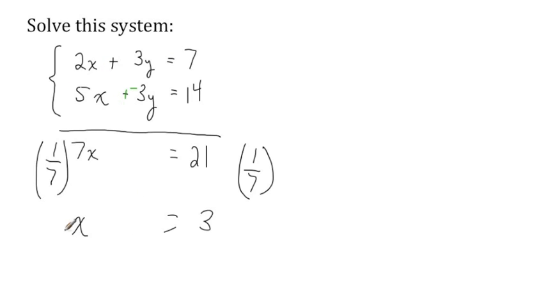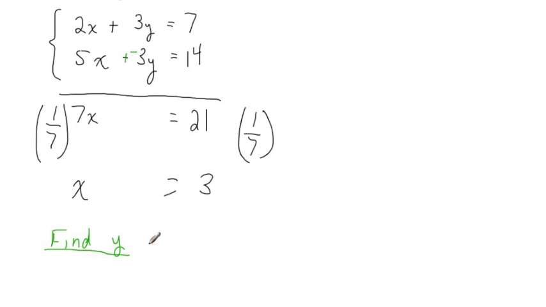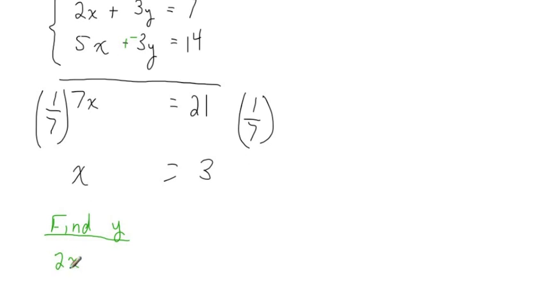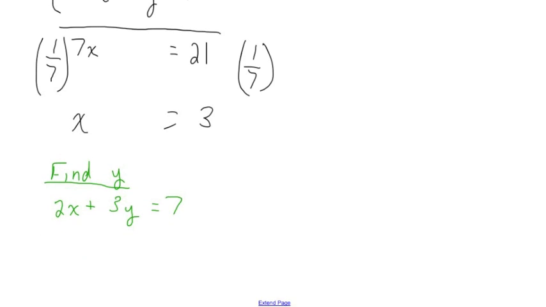So once you've solved for one of your variables, the next thing you have to do is find the other variable. So next we have to find y. I'm going to do that by copying this first equation down here, 2x plus 3y equals 7, and then substituting in the value that I know x to be.